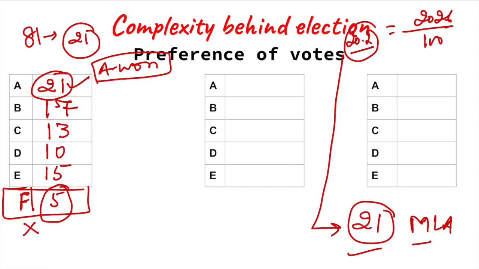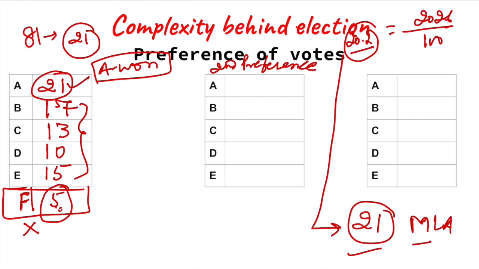Understood? So now F will be disqualified. The next round will happen between these 4. But one thing you need to understand is that in the second preference vote, the votes of the 5 MLAs will be distributed between these 4.